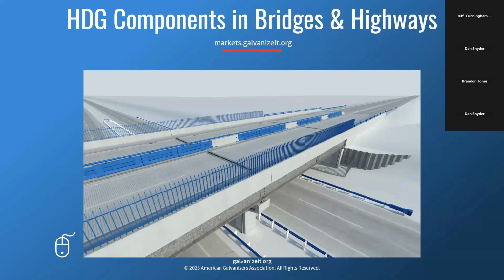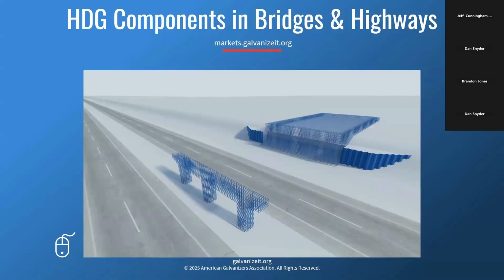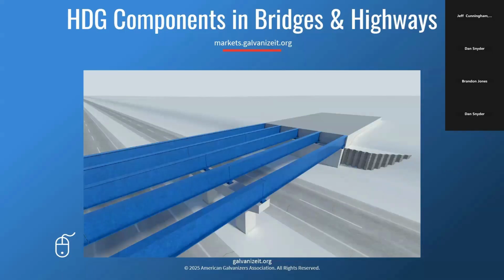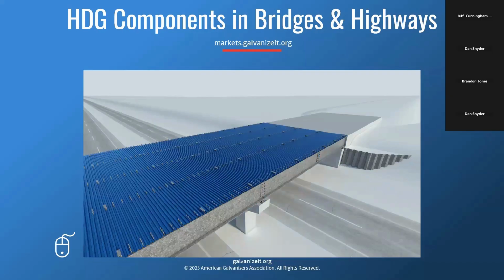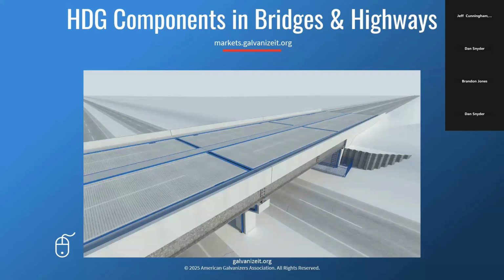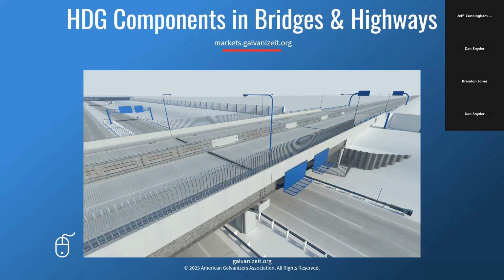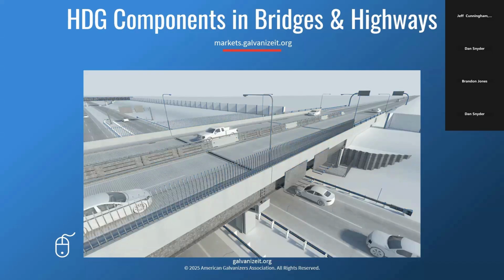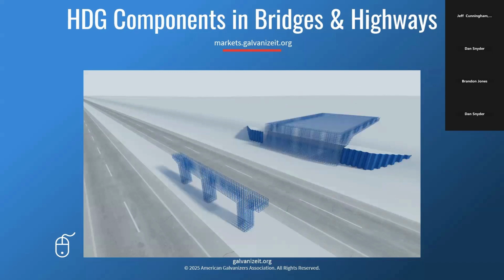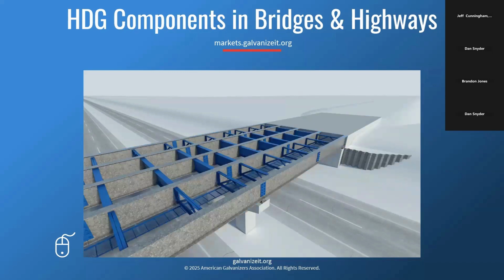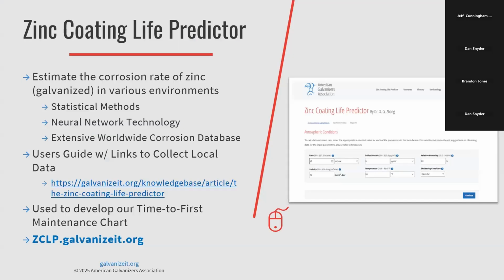Here, I'll show you what I was talking about with the animation. We have these across aviation, transportation, water, marine, simple structures, down to fasteners and small parts, all available through these animations to learn more.